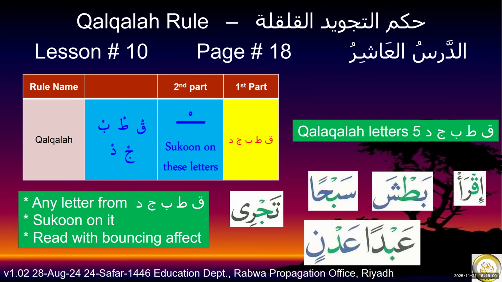Like katabta, katabat: the sound of ta is not bounced there. But when it has sukun, like batasha, the sound must bounce. So this is the rule of Qalqalah.